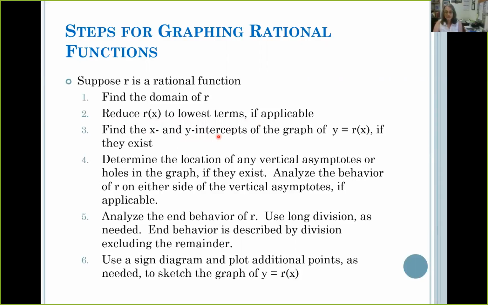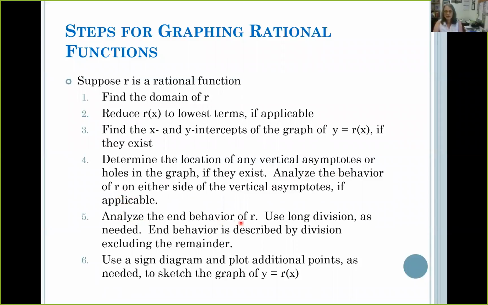We're going to find any x and y intercepts. We're going to determine the locations of any vertical asymptotes. And remember, those vertical asymptotes occur where the denominator equals 0, in other words, where the function is undefined. And then we are going to figure out what's going on with the function on either side of those asymptotes.